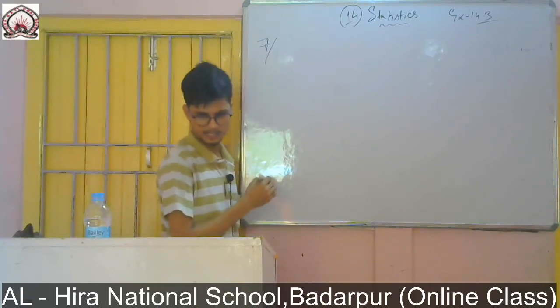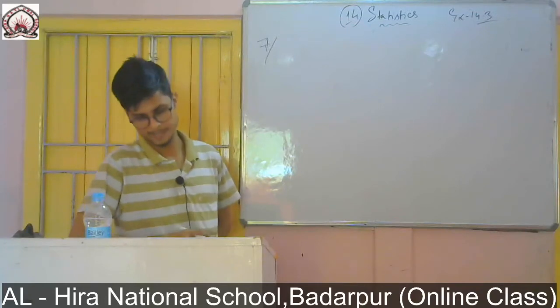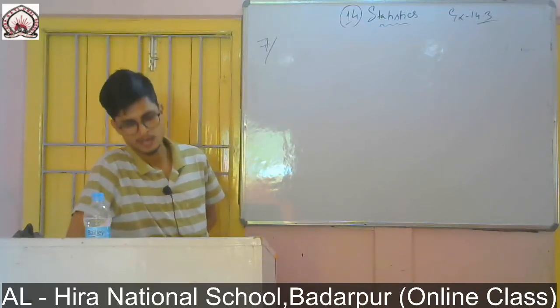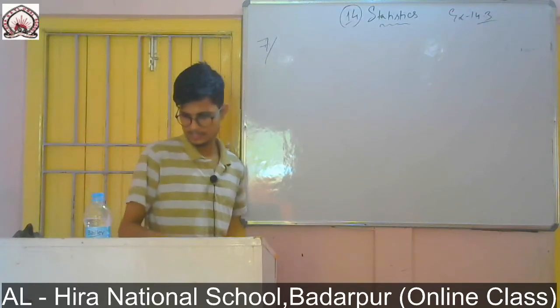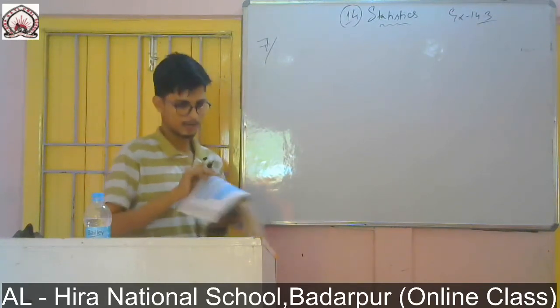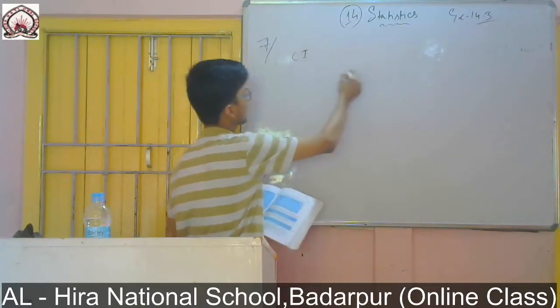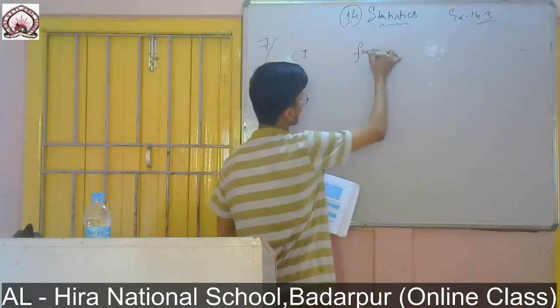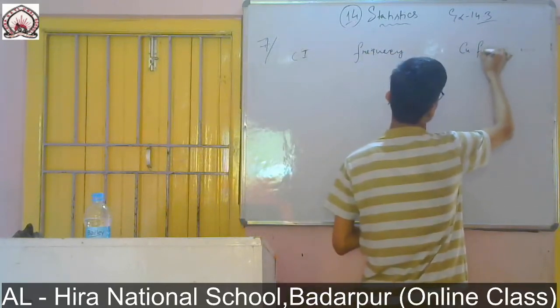So here the class interval is given. The question is like this: the distribution below gives the weight of 30 students of the class. You have to find the median of the class. So first of all I will make the table. On one side class interval, then frequency, and at last cumulative frequency.